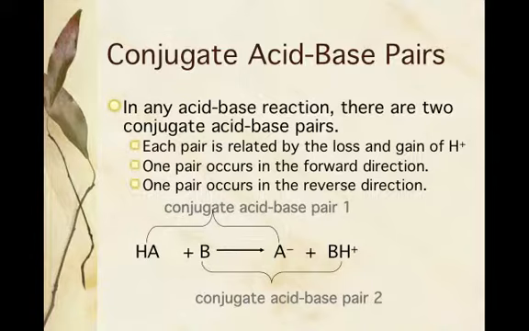So HA is your acid because it's going to donate the proton, and it becomes the A-. So this is our first conjugate acid-base pair. Here's our acid, and this is the conjugate base. This is our base. It's accepting the proton and becoming the BH+. So this is our base, and this is called our conjugate acid.